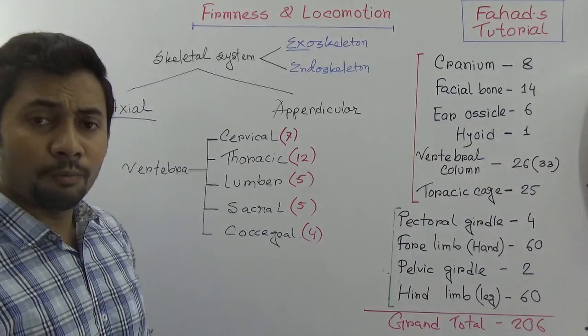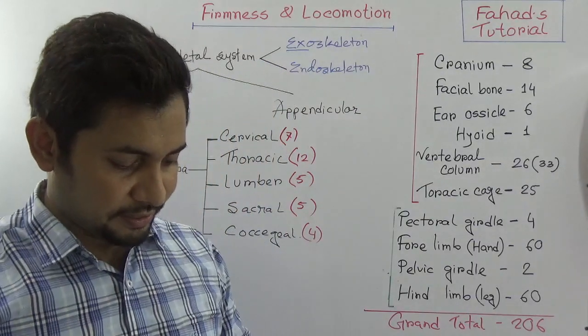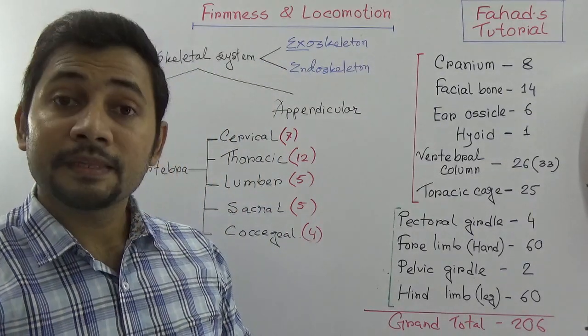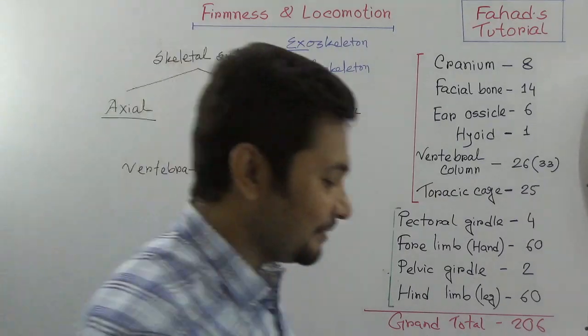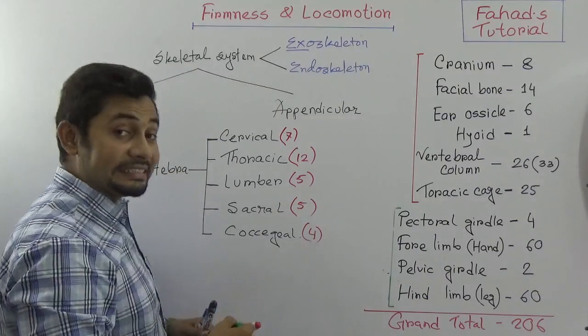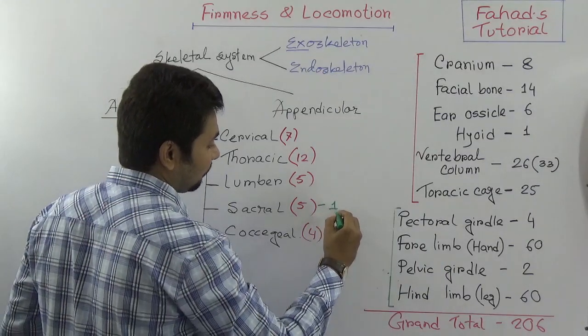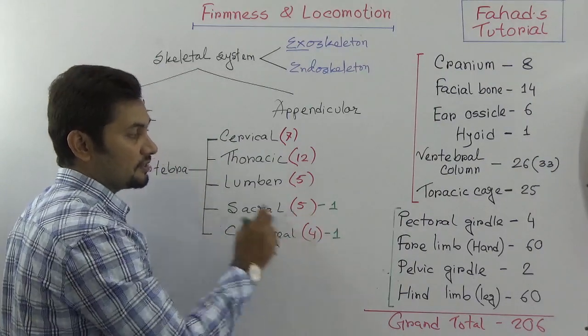So altogether, what happens when this vertebral column fuses together? These 5 and 4 vertebra fuse together and they form single, that is called 1 and 1. So we have sacral 1 and coccygeal 1.